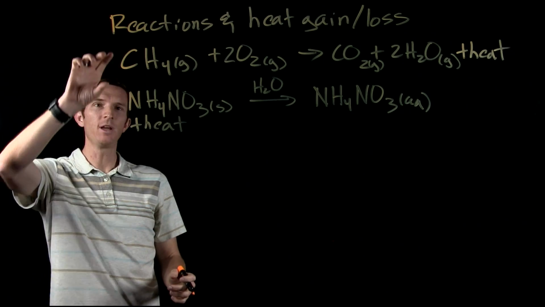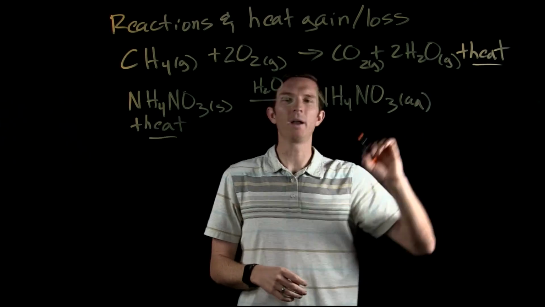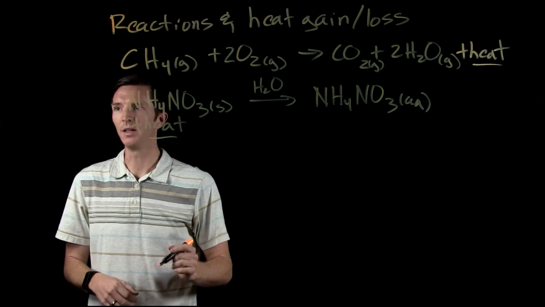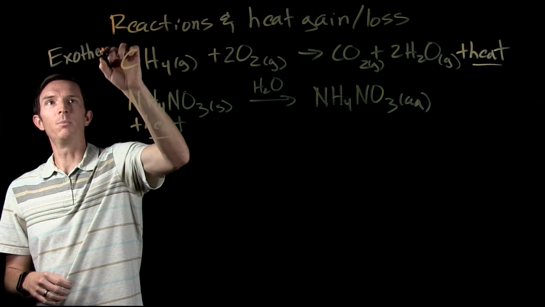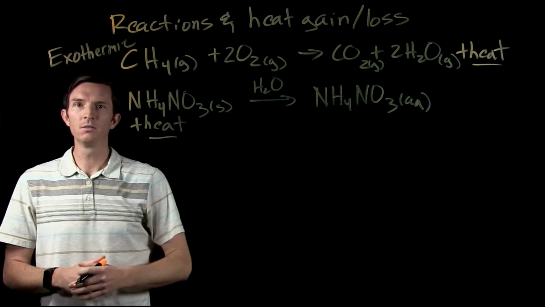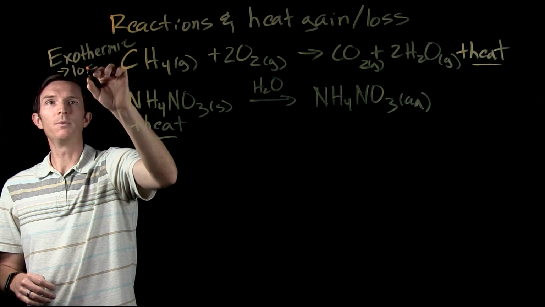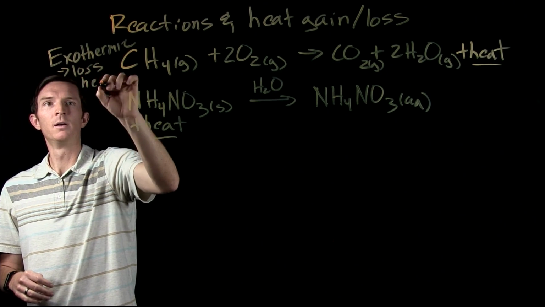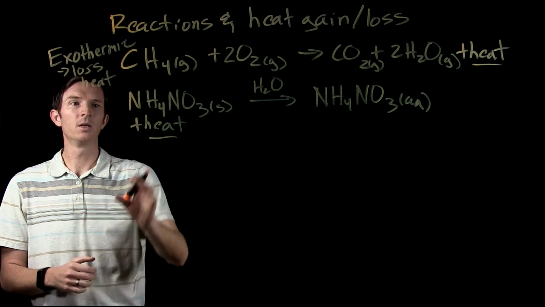Well, we have these two types of reactions. We notice one has heat as a reactant, one has heat as a product. We have two ways of identifying this. The first one is called an exothermic reaction. It produces heat, so we can say it has a loss of heat. It gives it away, therefore it's a product.